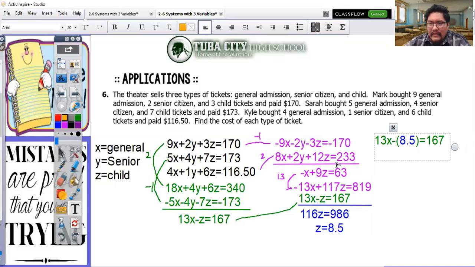All right, so in this case, I'm going to get rid of these parentheses. Hopefully you can see where the number came from by now. I'm going to take 167 and add 8.5 to both sides. So that's going to be 13x equals 175.50.